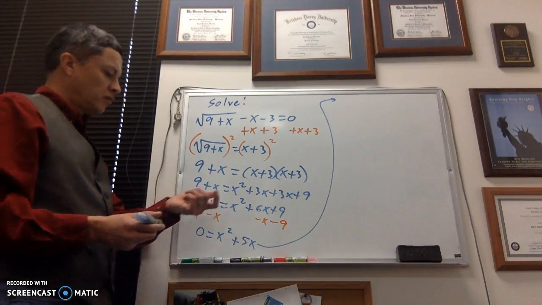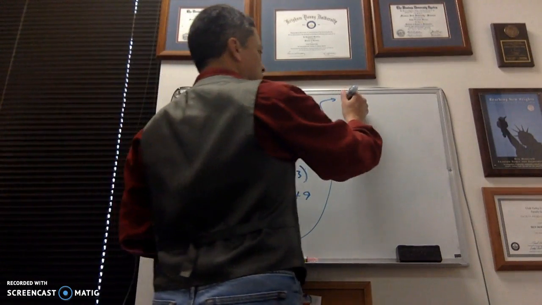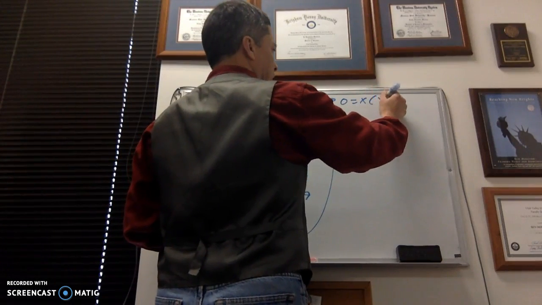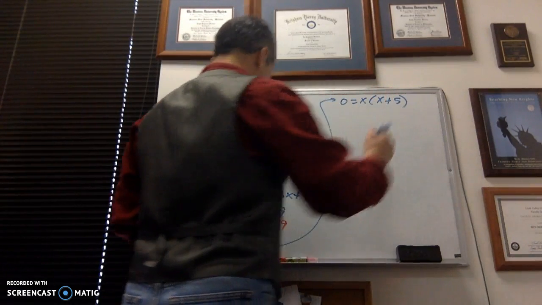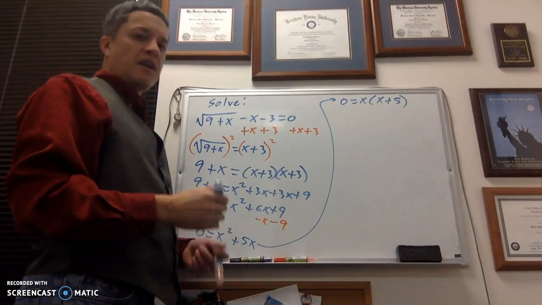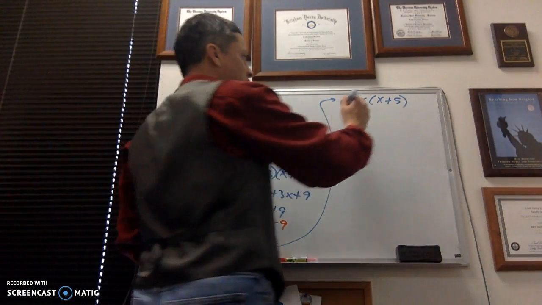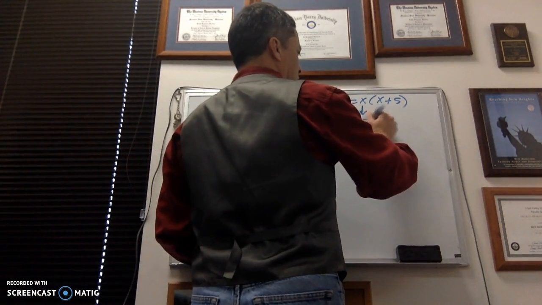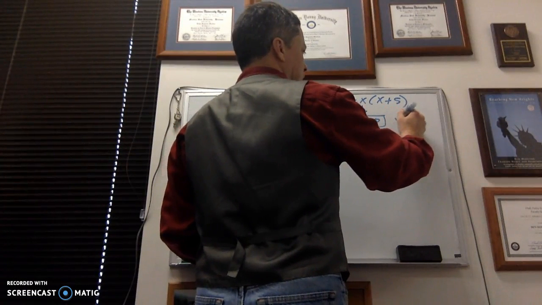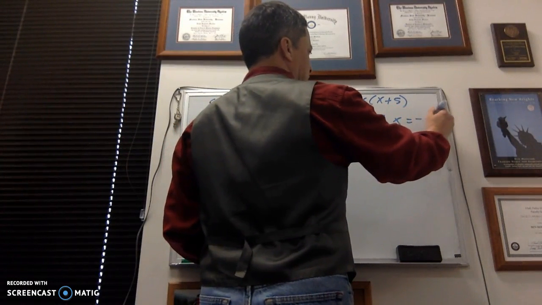So now we'll factor out an x. Our factors are x and x plus 5, which means our potential answers are x equals 0 and x equals negative 5.